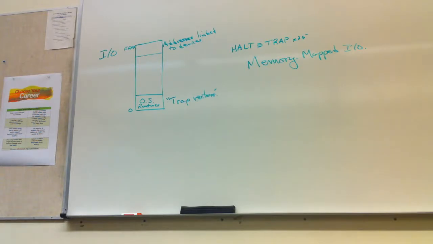And so now we don't have to have special instructions to handle input and output. We use store and load. Okay, to print something, we just store it at the appropriate memory location. To read something, we load the register from a particular memory location.